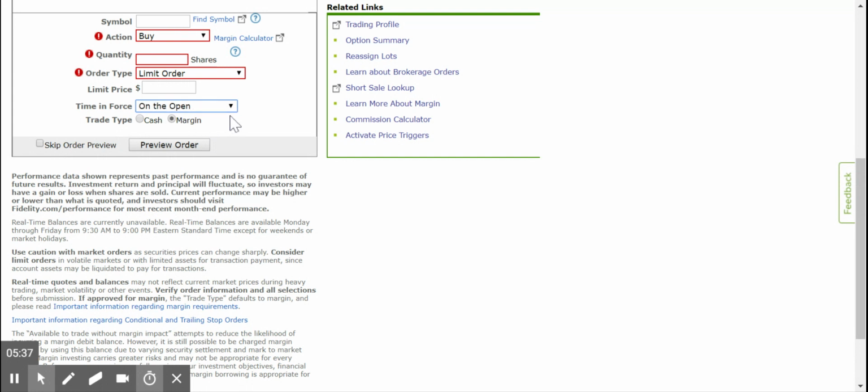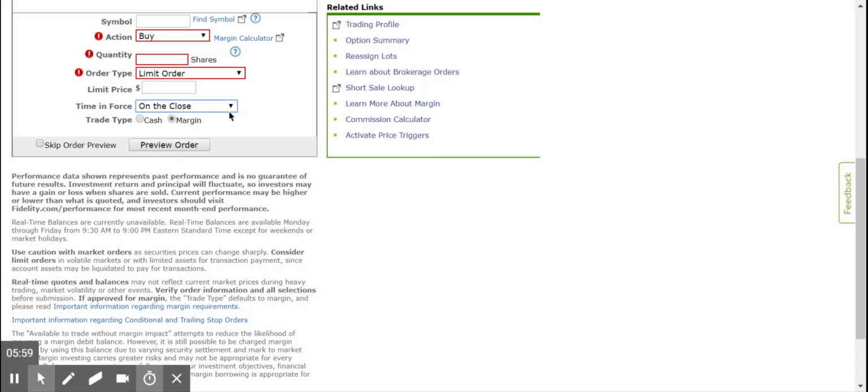On the open means we want to buy, but only in the first few minutes of the trading day. On the close means within the last few minutes of the trading day. I don't usually like to trade on the open or on the close. If I do, I'm putting limit orders really far outside the market.